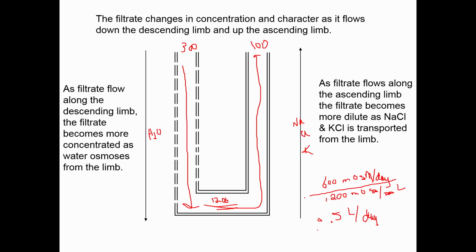So ADH is a negative feedback mechanism. How is it a negative feedback? Well, our plasma should be about 300 milliosmolar. Let's say your osmolarity goes up to 310. That means your osmoreceptors will shrink.